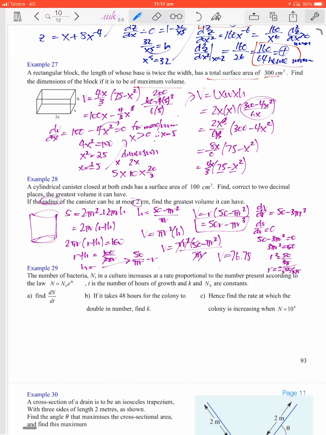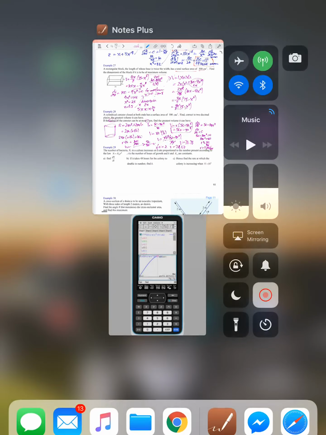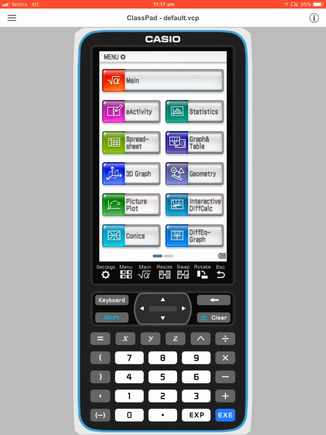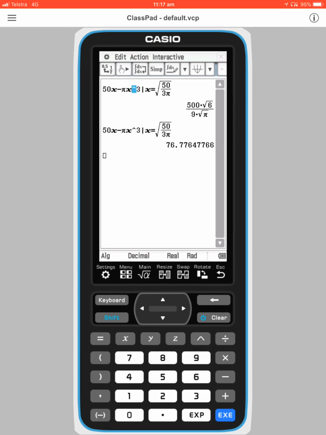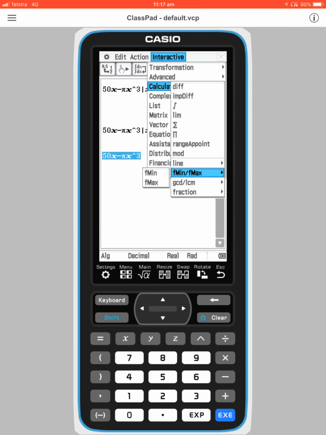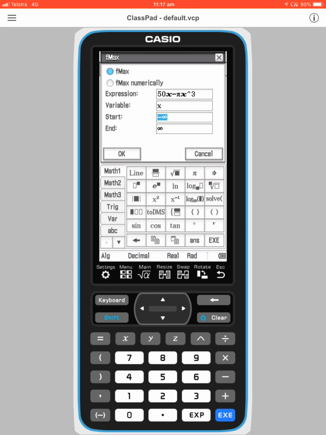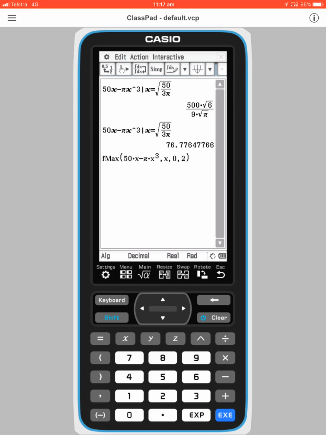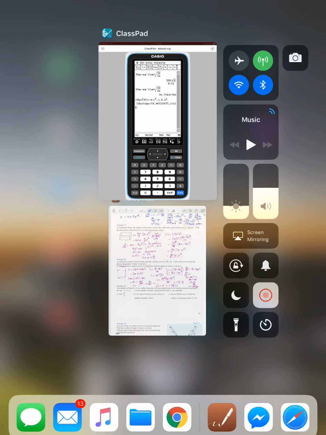So if r equals 2, v equals 74.87. Another way you can do it, if it ever asks for an absolute max of a function, you can put in the function, interactive calculation, Fmax, and then say we want it between 0 and 2, because that's our maximum value. It tells us the maximum occurs at the right-hand endpoint, which is when x equals 2, and it is 74.87.